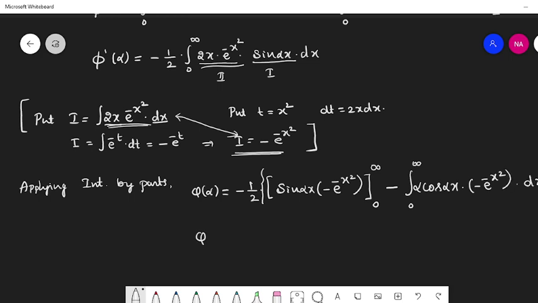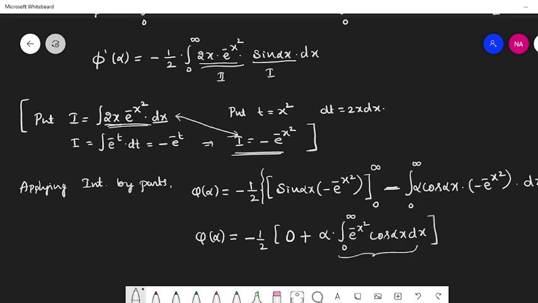Now, if you apply the upper limit, e power minus infinity into sin infinity, that is 0, minus applying the lower limit, e power 0 into sin 0, again 0, so that whole thing will be 0. Here minus into minus you get plus, alpha can be taken outside, integral 0 to infinity e power minus x square cos alpha x dx.